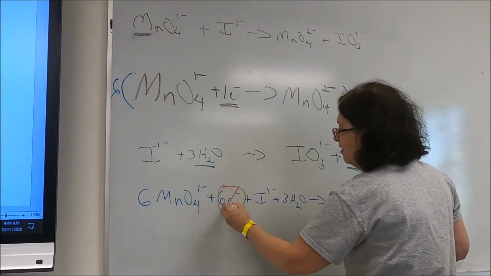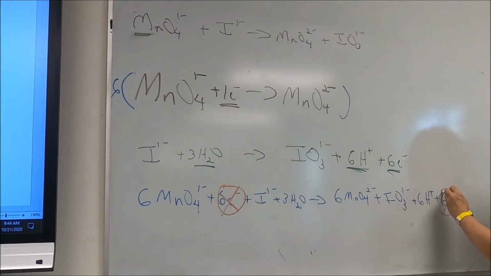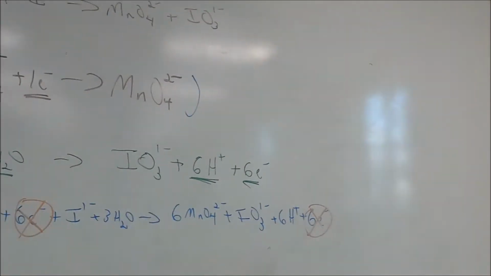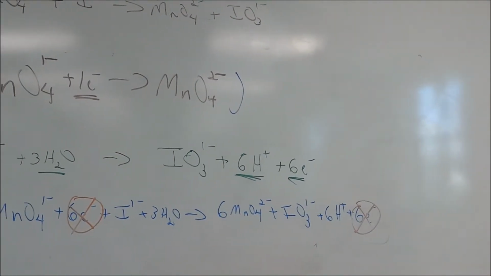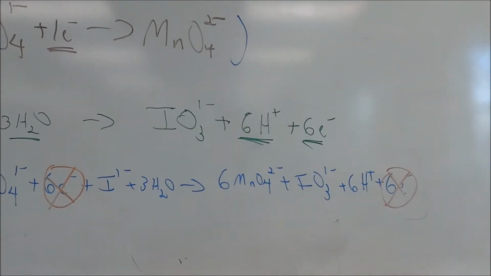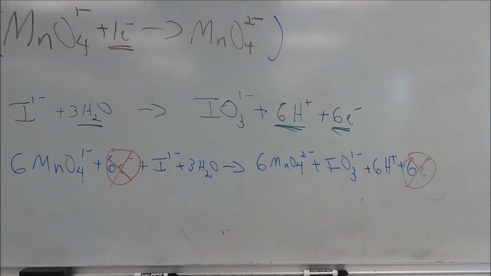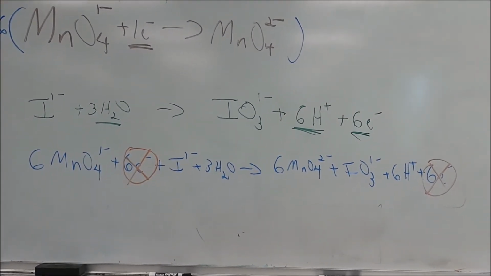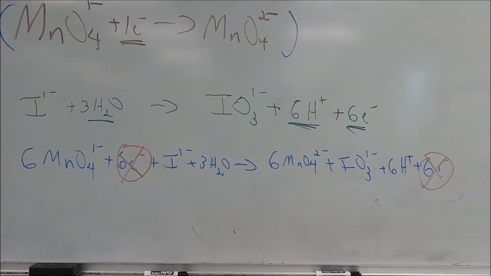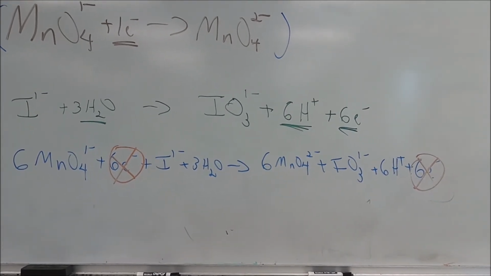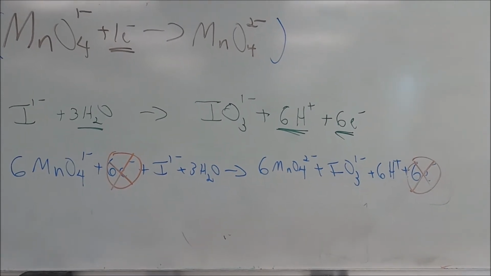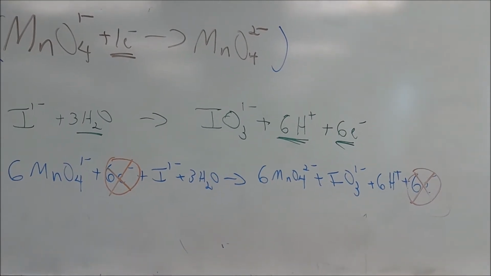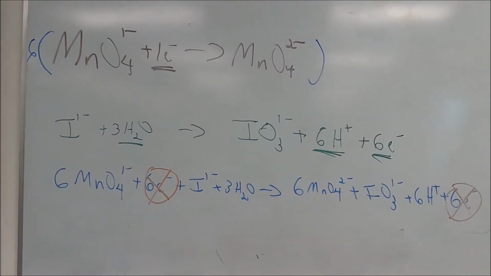Now notice, 6 electrons there, 6 electrons here, they cancel out, okay? So that leaves me with 6 MnO4 1- plus an iodide ion plus 3 waters going to 6 MnO4 2- plus an iodate ion plus 6 hydrogen ions. That's a net ionic equation. It's not a full equation, it's a net ionic equation.